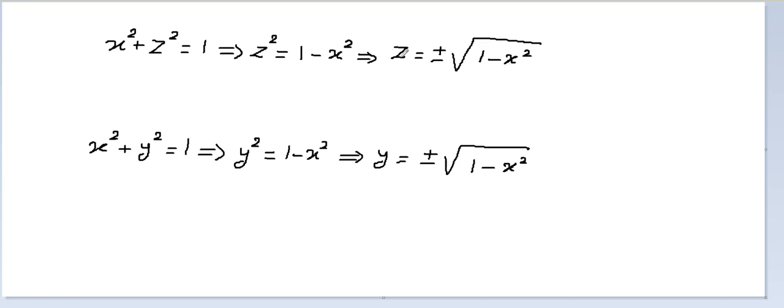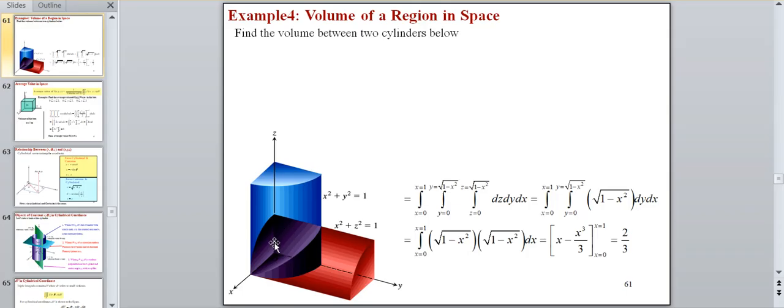So in this order, dz, dy, dx, z is from 0 to the upper surface, the square root of 1 minus x squared.